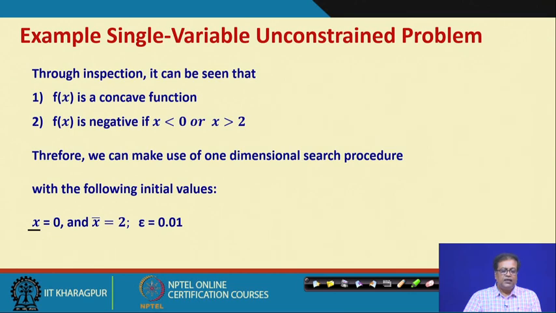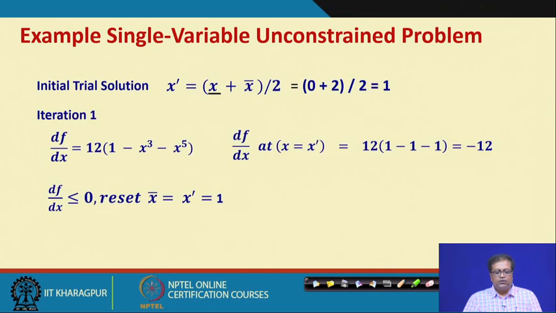So, that means first of all certain things we have seen, that f x is concave, f x is negative if x is less than 0 or x is greater than 2, alright. Therefore, we can make use of a one dimensional search procedure with the following initial values, that is x underline equal to 0 and x bar equal to 2, and let us take epsilon equal to 0.01. So, with those values we begin.